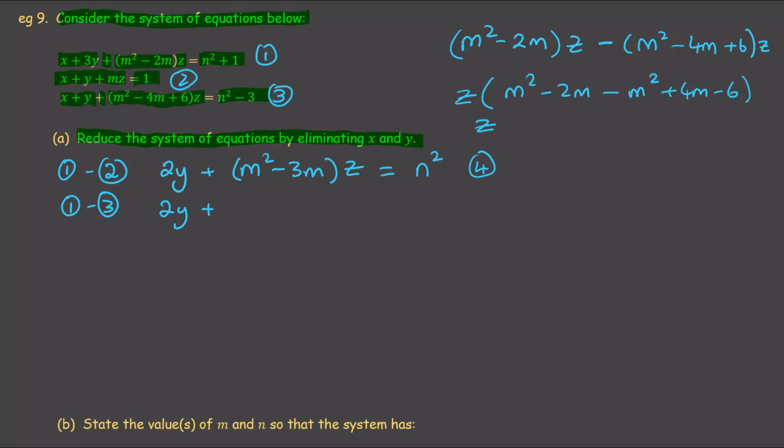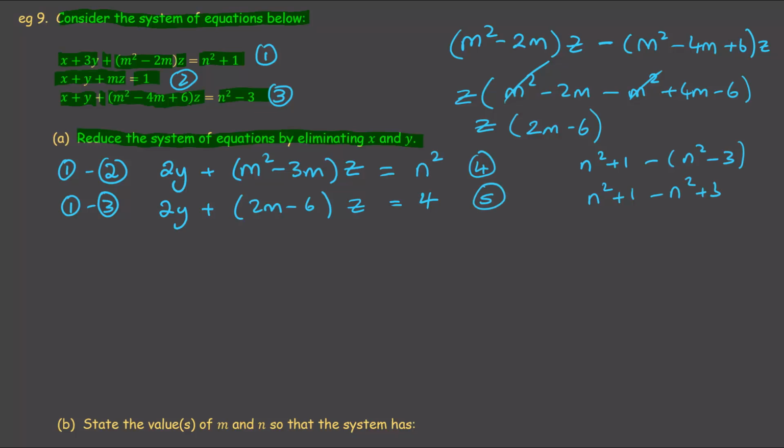And so we can see that the m squareds will go, and it is going to be 2m take away 6. So we have 2m take away 6z is n squared plus 1 take away n squared take away 3, which is n squared plus 1 take n squared plus 3, and so that is equal to 4. And let's call that equation 5.